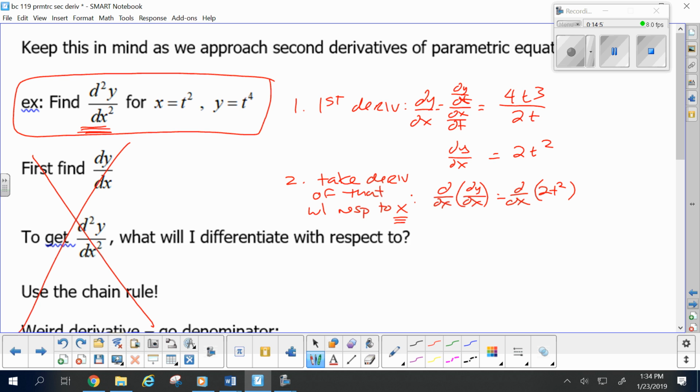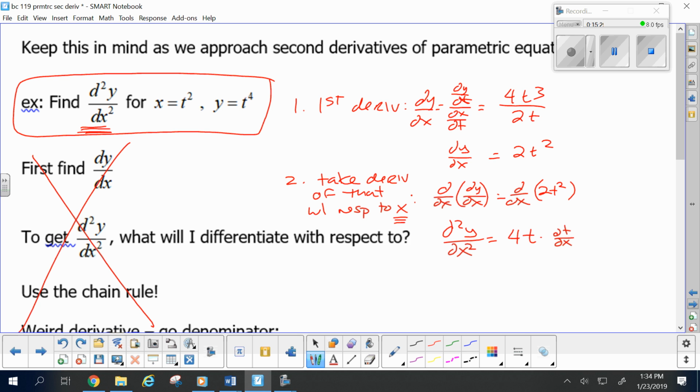And because I'm taking the derivative with respect to x, I'm going to have a chain rule component to that right side in a second. The left side is the second derivative, Leibniz notation. But on the right side, using chain rule, what's the derivative of the outside? 4t, and the derivative of the inside? dt/dx. Now that's kooky, okay?